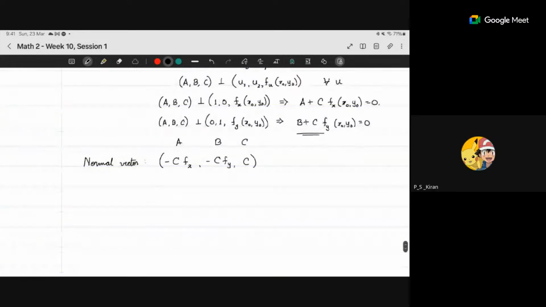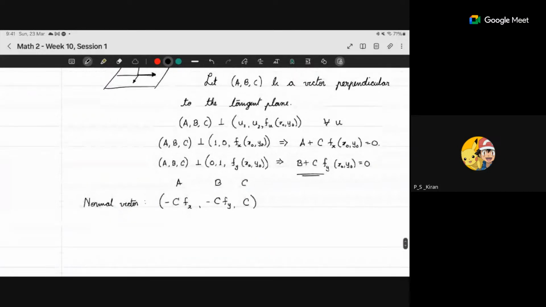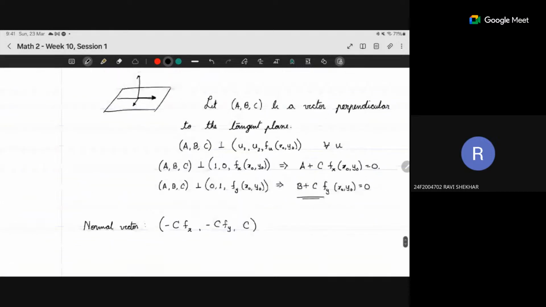Is that fine? How did you get c? How do I deduce what c is? I can take anything to be c as long as it's non-zero, because if some vector is a normal vector, then any multiple of that will also be a normal vector, right?